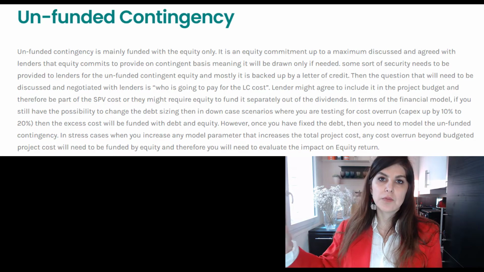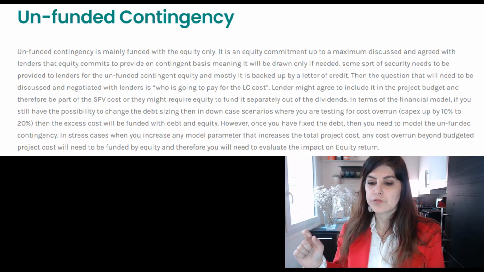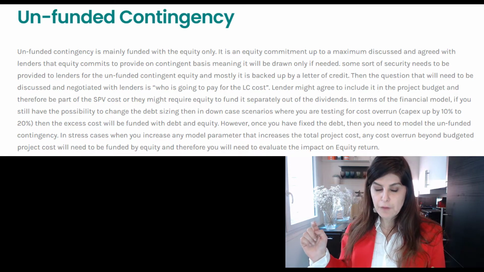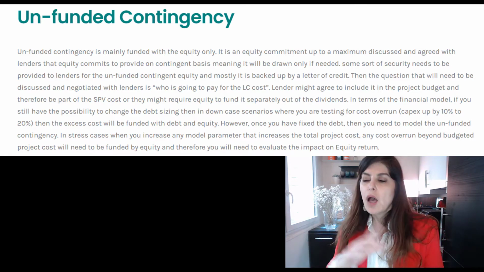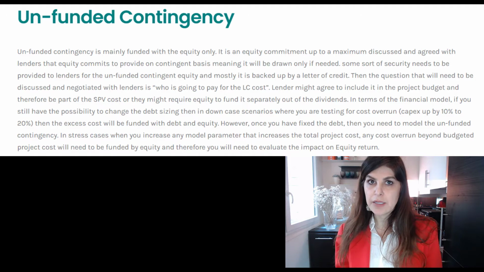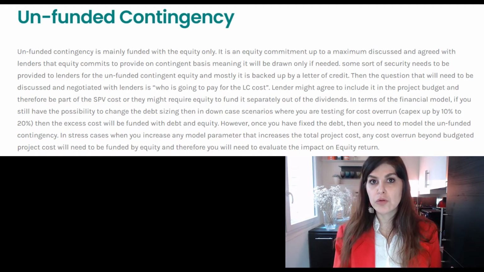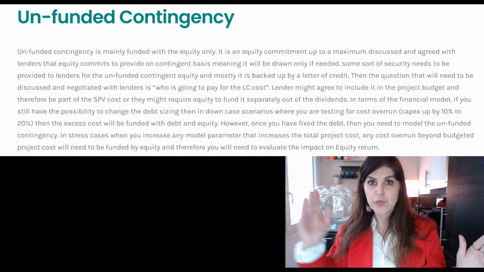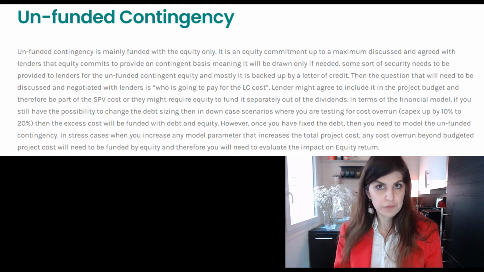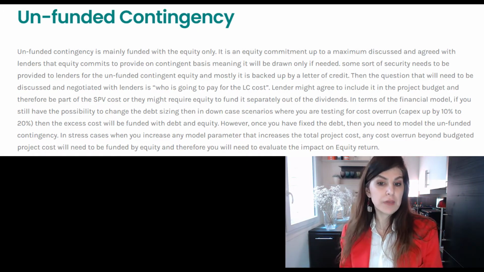Sometimes the legal term is the financial completion date. That's also another flexibility you need to provide in your financial model: up to which point you need to have this unfunded contingency, and the sizing of it.